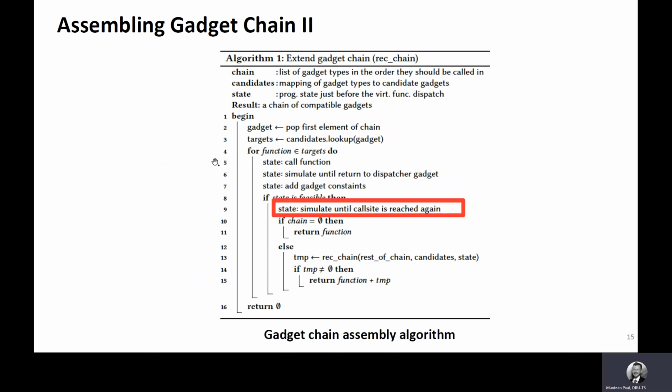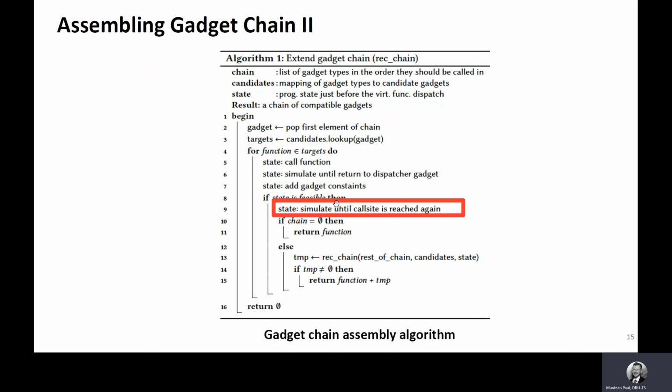Next, we present our gadget chain assembly algorithm. It has as input the list of gadget types in the order they should be called. Then we have a candidates mapping of gadget types to candidate gadgets. Then the state is the program state just before the virtual function dispatch, and the result is a chain of compatible gadgets. What's important here is that for each function, we have different types of targets which are visited with all the states.